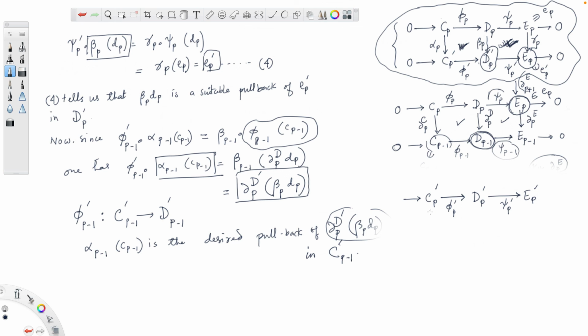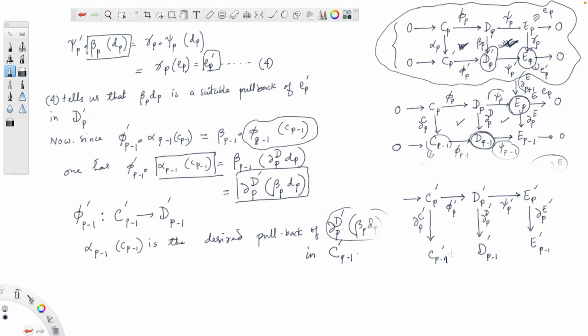And here the boundary homomorphism that takes C_p prime to C_{p-1} prime is del_p C prime, the boundary homomorphism that takes D_p prime to D_{p-1} prime is del_p D prime, and the map that takes E_p prime to E_{p-1} prime is the boundary homomorphism del_p E prime.